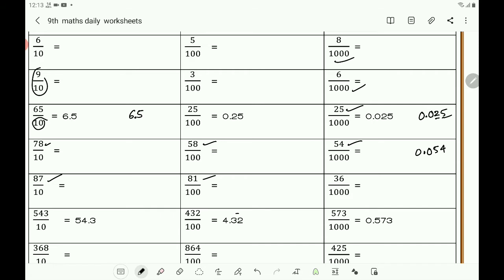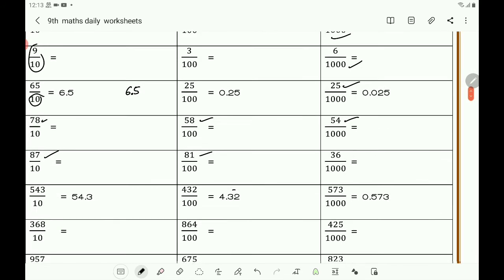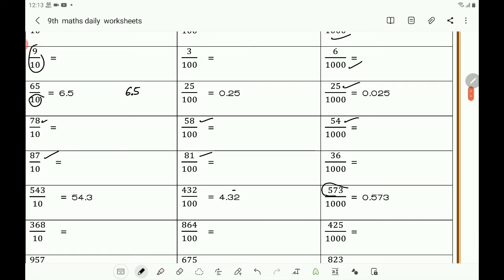This is the method of converting the fractions into decimals. Here already 3 digits are there, here 3 zeros are there. So directly you can write 573, 1 2 3, 3 zeros, 3 digits. So you write here.